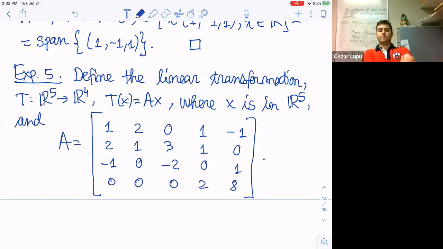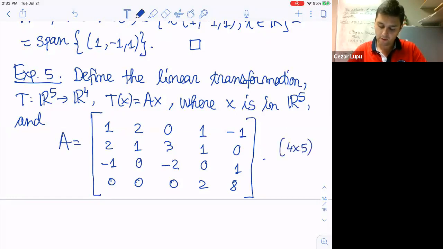Oh my. So let's look at this matrix. What is the dimension of this matrix, if you look at it? It's a 4 by 5, right?